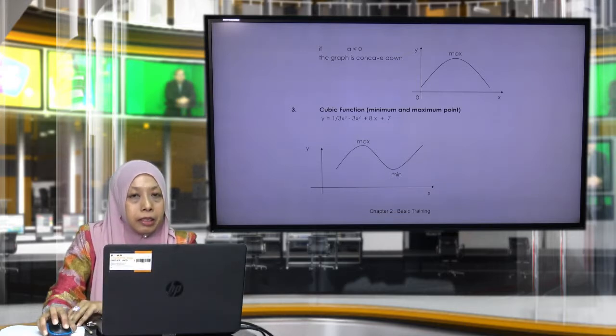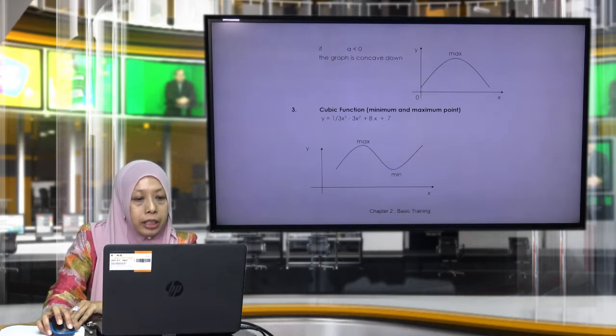The third type of function is what we call a cubic function. A cubic function is a mathematical function where the highest exponent of the independent variable is equal to 3. I have an example here: the function is y equals 1 over 3 x to the power of 3 minus 3x squared plus 8x plus 7.